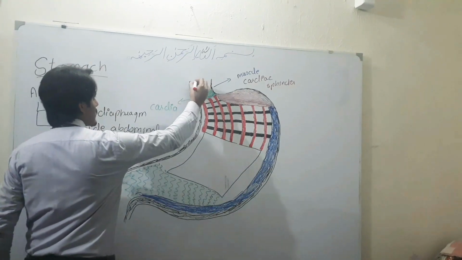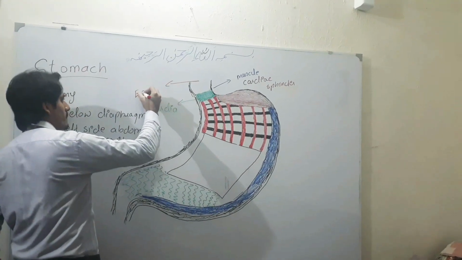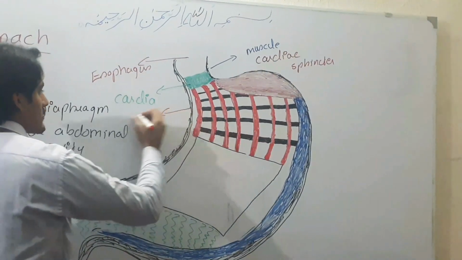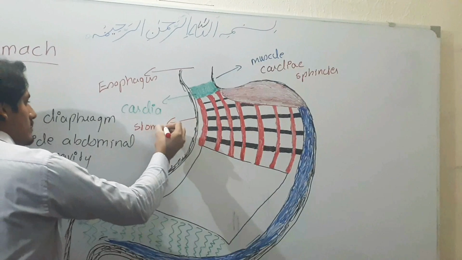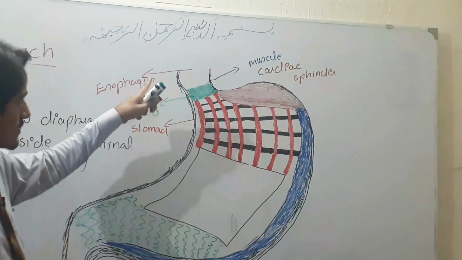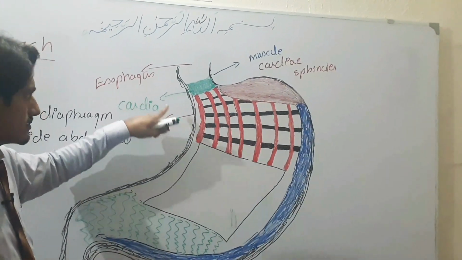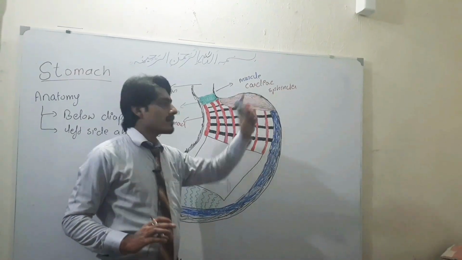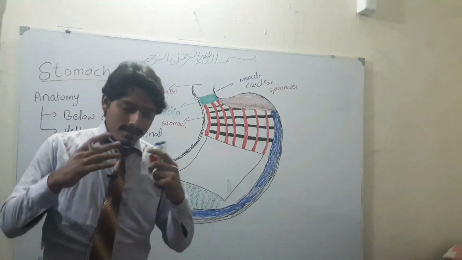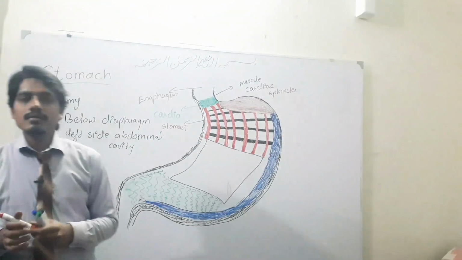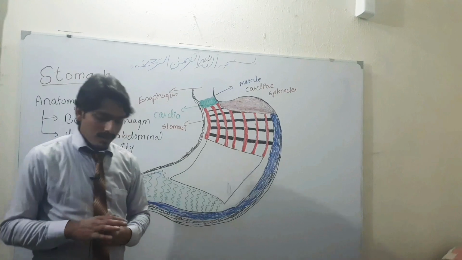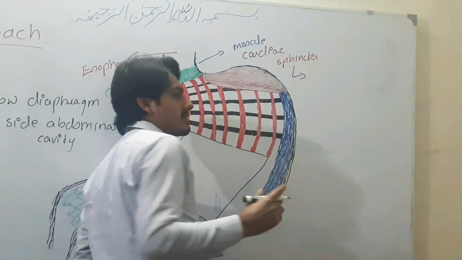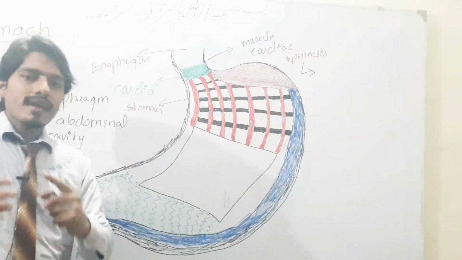So this one is the esophagus, and this one is your stomach. There is a junction between them, esophagus and stomach. This is cardia, and the sphincter which is present inside it is called the cardiac sphincter. Okay. The next question is, what is the function of the sphincter? Basically, the sphincter acts as an opening and closing.